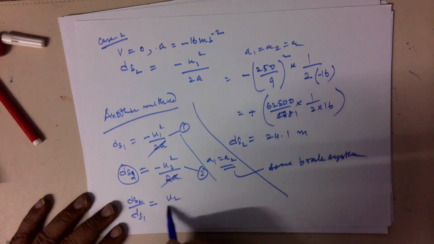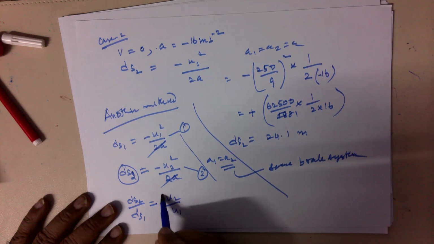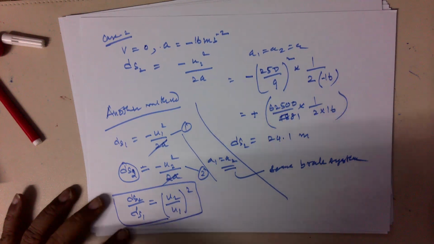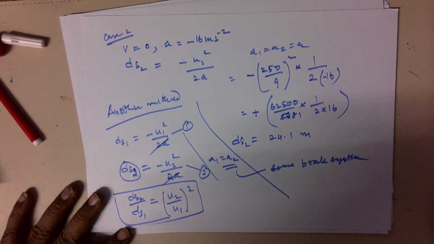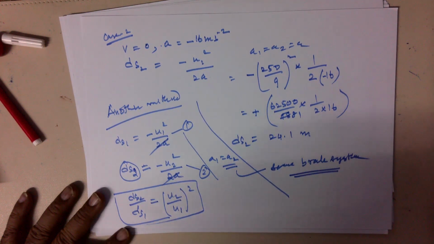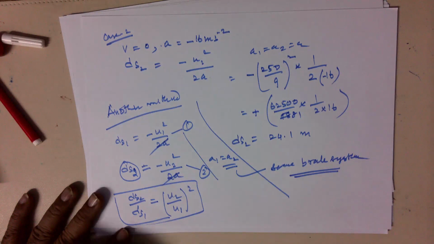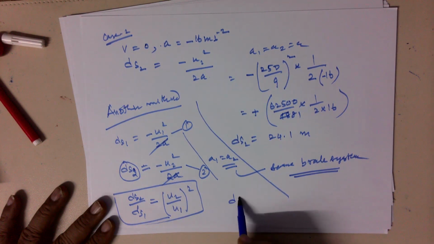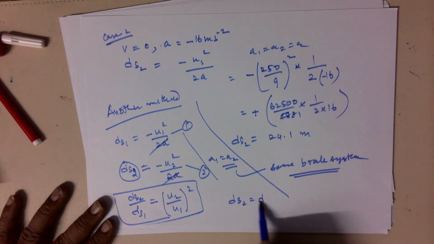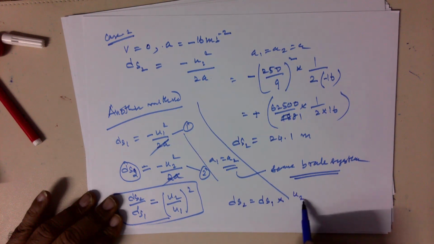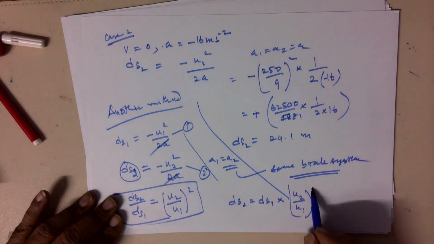So u2 divided by u1, the whole square. So you can make use of this formula. But we must apply the logic here. So ds2 is equal to ds1 into u2 by u1, the whole square.